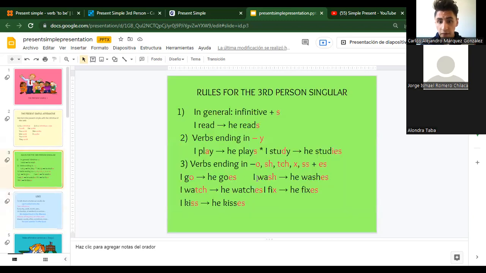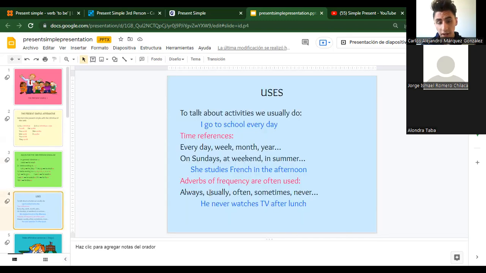But also you have to take into account the roots, okay? Watch, we add ES, okay? Because here we have that the verbs that end with TCH, we add ES, okay? He never watches TV after lunch, okay?